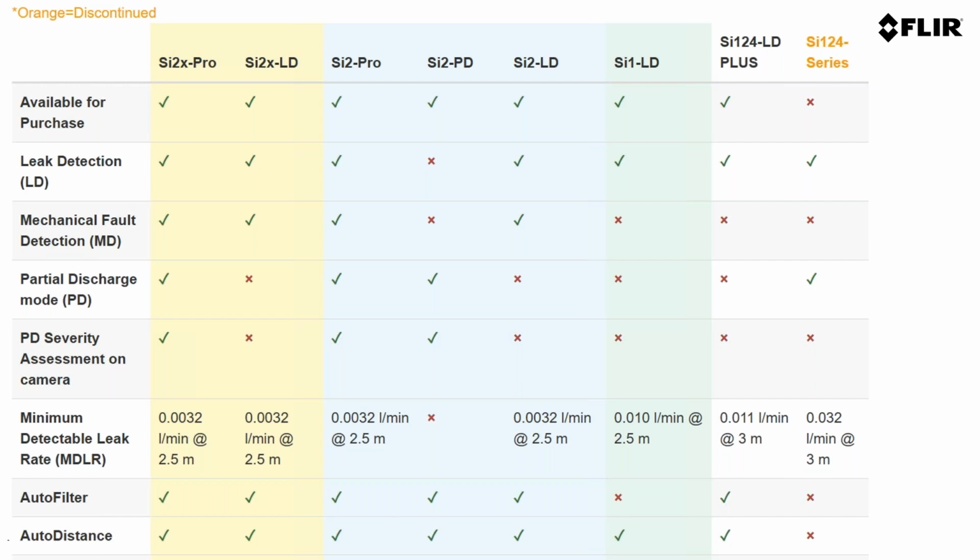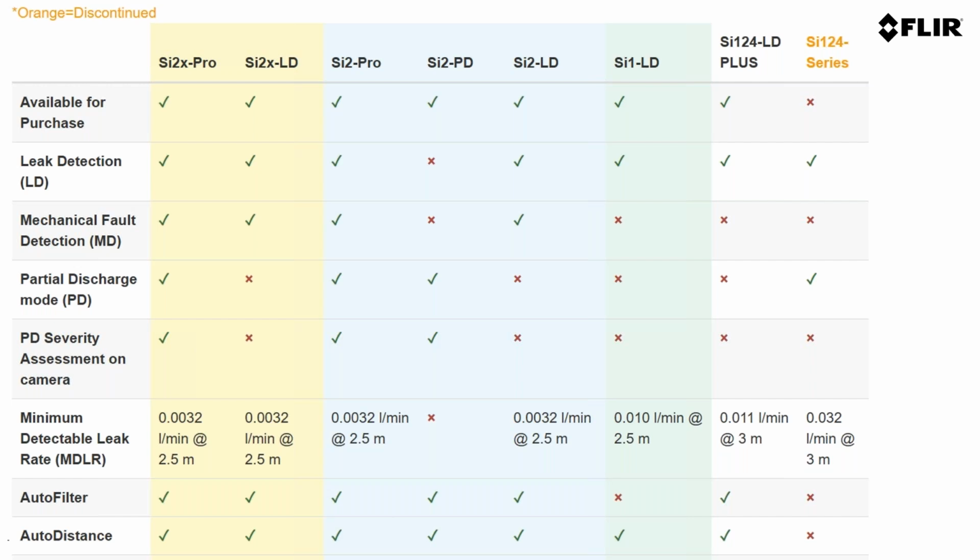So if you need a more precise instrument, if you need to see smaller leaks, if you need more capability in the distance, among other functionalities, I would highly suggest picking the SI2 series. But this is a comprehensive chart where you can see pair to pair what the differences of the cameras are.